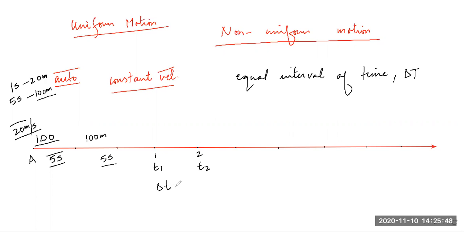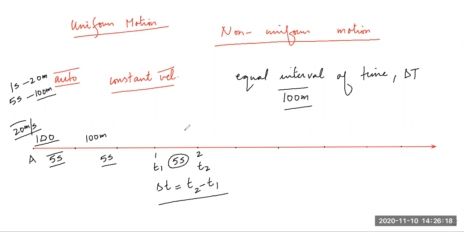Then delta t is equal to t2 minus t1. This is known as time interval, small time interval. Time interval in this case is 5 seconds. So equal time in every delta t, delta t1, delta t2, delta t3, all delta t are same in this case. The distance traveled is also same, that is 100 meter.